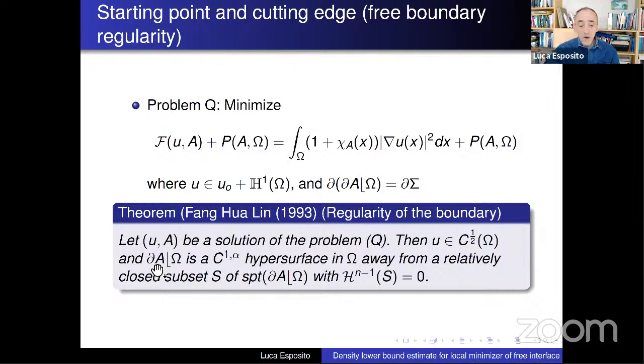So the boundary of A can be singular in some points, but the measure of these points is 0. The (n-1)-dimensional Hausdorff measure of this set must be 0. And the singular set is closed. And this regularity result is a result we will see also in the future, because it is a good regularity result.